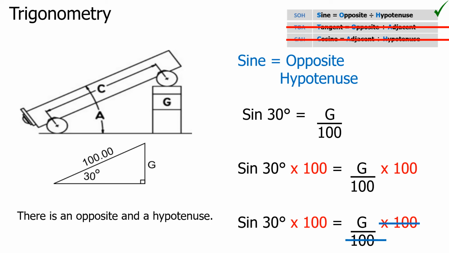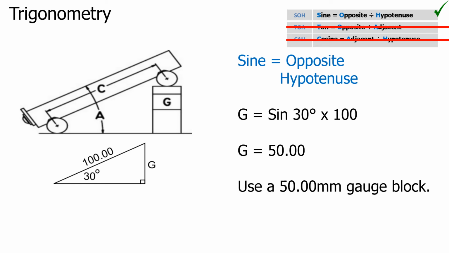Let's populate our formula. Sine 30 degrees equals G, which is the height I'm looking for, divided by 100. I need to make G the subject of the equation, so I'll multiply both sides of the equal sign by 100, and the hundredths on the G side cancel each other out, leaving G by itself.